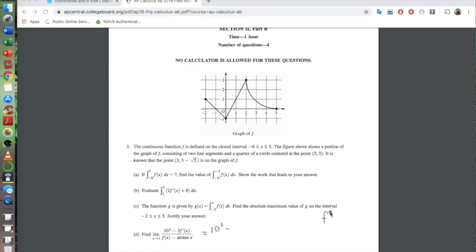f primed of x is equal to, well, at 1, so that's this part, this line segment. So we've got d dx of the function 2x minus 1. And this is pretty simple.